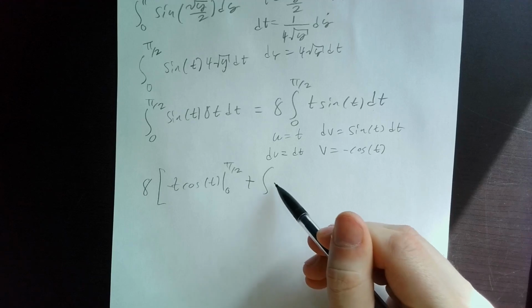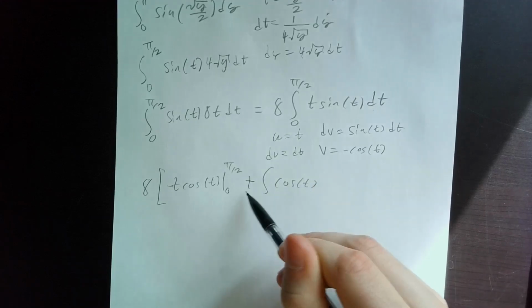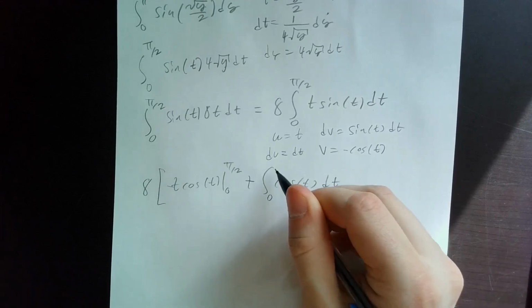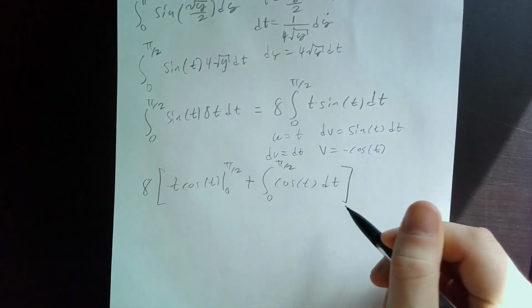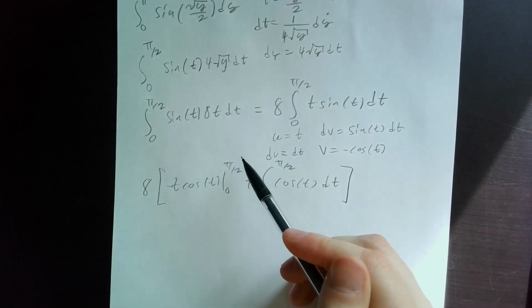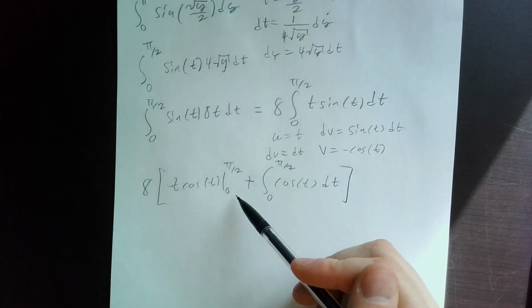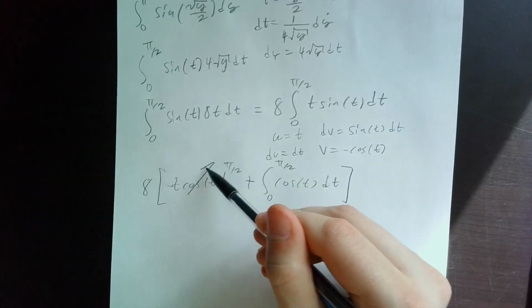So that's v du. I brought a plus sign out because it's a negative cosine for v, and du, 0 to pi halves. If we look at the first term here, plug in pi halves for cosine, that gives us 0. Plug in 0 for t, and that gives us 0. So this term is just 0.